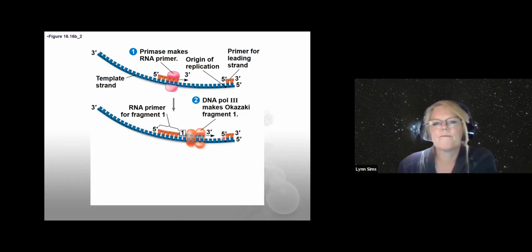Now you can see DNA polymerase 3 synthesizes the leading strand, which is continuous, and it also synthesizes the DNA. Again, it's always adding DNA to the ends of the primers. So these are fragments. However, it's still DNA polymerase 3.